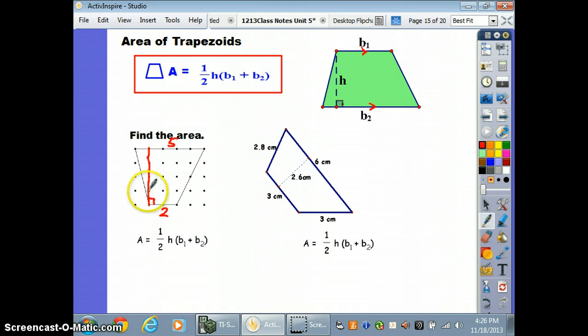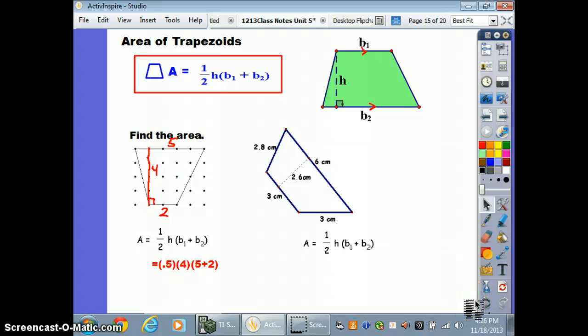And that height is 1, 2, 3, 4. And then I always say copy the formula and then you can work it out. Okay, so the area is 1/2. The height is 4 and base is 5 and 2.